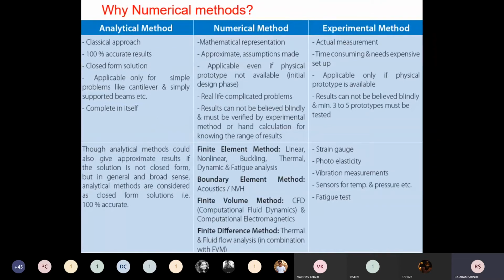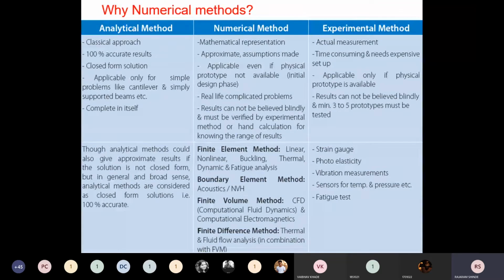What is a classical approach? Classical approach means the direct equations which we have derived in strength of materials, heat transfer, and fluid mechanics, which we use for solving problems. Also in mathematics you have solved a lot of differential equations.